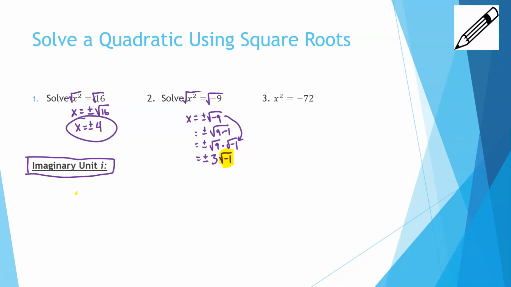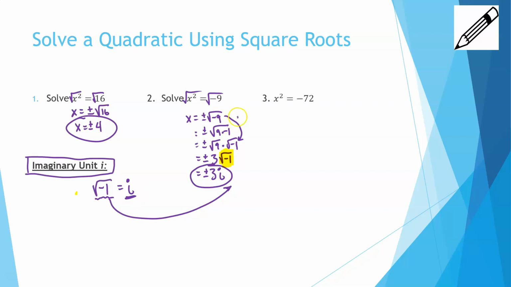Anytime we have this square root of -1, it has us enter this imaginary world, and we can change it to an i. So if I use that, anytime I see this, I can now take my answer, and I'd say it's plus or minus 3. I replace the square root of -1 with an i. So anytime you have a square root of a -1, you can replace it with this i value.